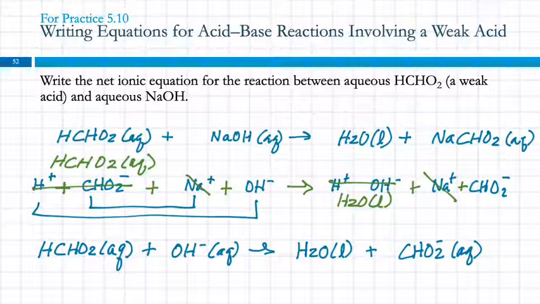For the HCHO2, is that for like every weak base and weak acid? Yes, any weak acid, you don't separate it into ions. You pull it apart to see how it's going to react, because what happens is it does this a little bit, and these hydrogen ions react with the hydroxide.